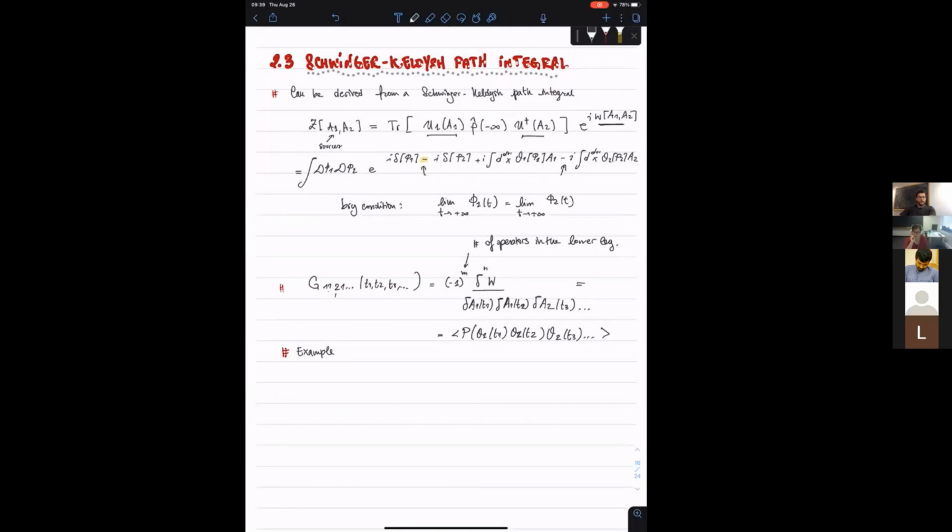Okay, so with these very long expressions, we can make an example, which is the example of two-point functions. For example, we can compute what is G11. This will be the derivative two times, and then we have to set the sources to 0.